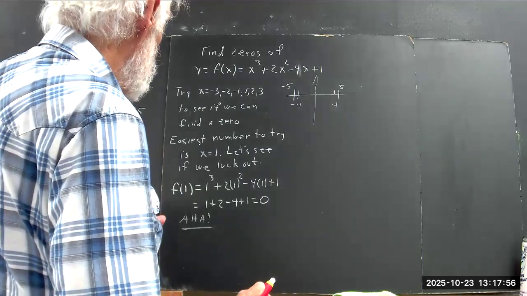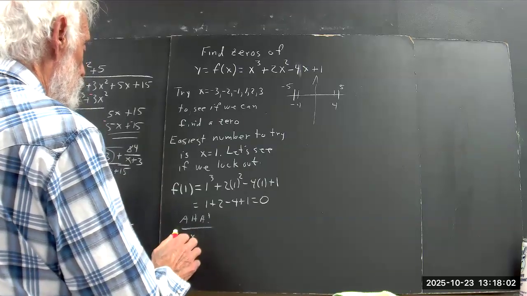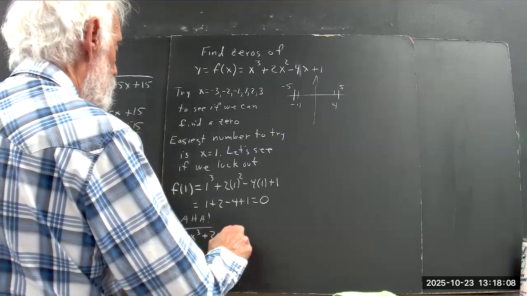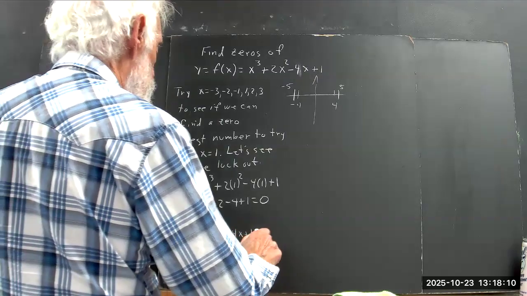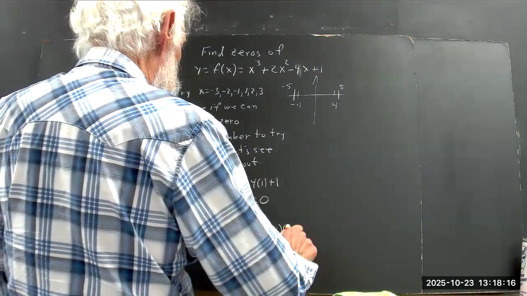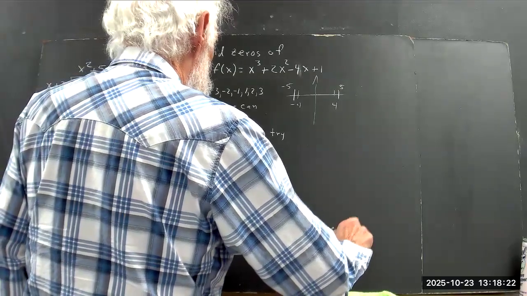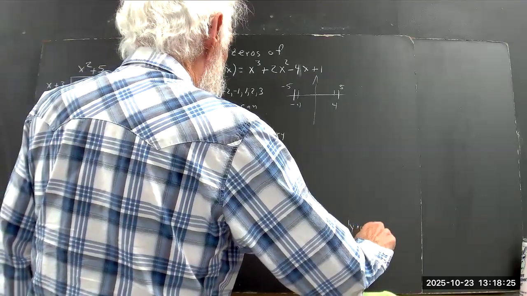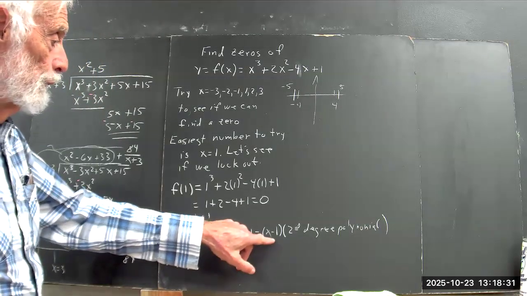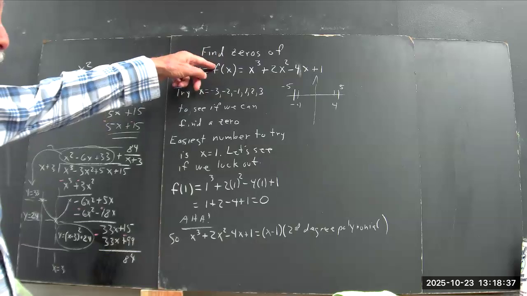All we have to do is say that our function equals x minus 1 times a second degree polynomial.